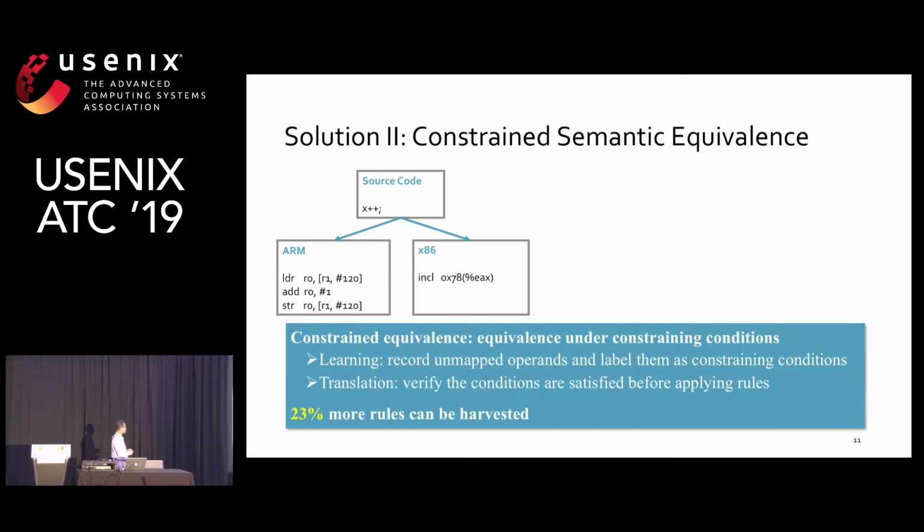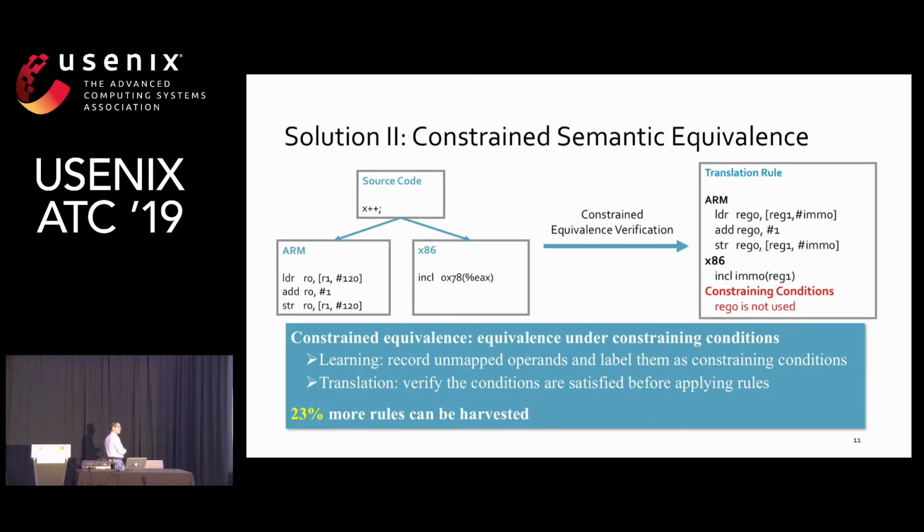In this example, the ARM register R0 is unmapped, so it is included in the constraining condition of this translation rule. That means this translation rule can be applied if the ARM register R0 is not used in the following ARM binary code. In this way, we can harvest 23% more translation rules.